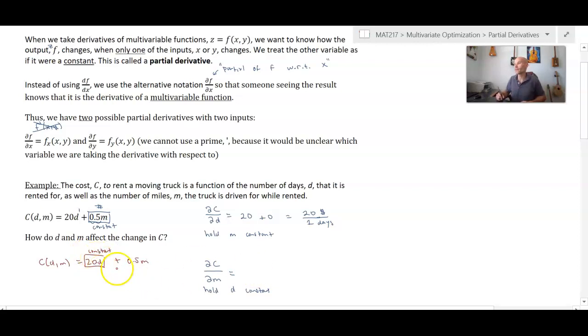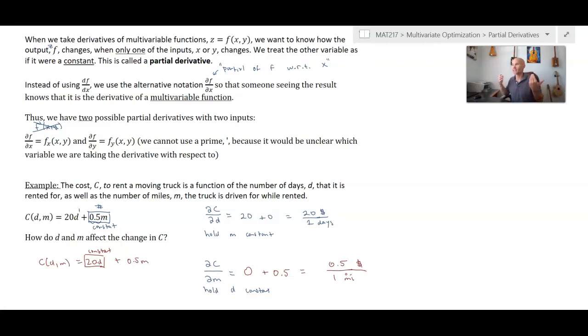So the derivative of a constant is going to be 0, and the derivative of 0.5m with respect to m is going to be 0.5. So we get 0.5 over 1. 0.5 is in dollars, change in cost, divided by change in miles. And we see once again that we get 50 cents per mile as the partial derivative.